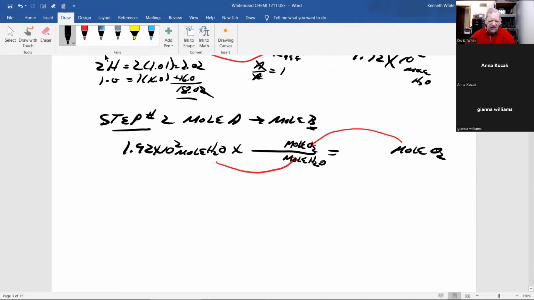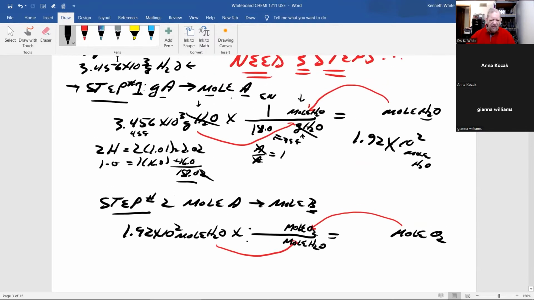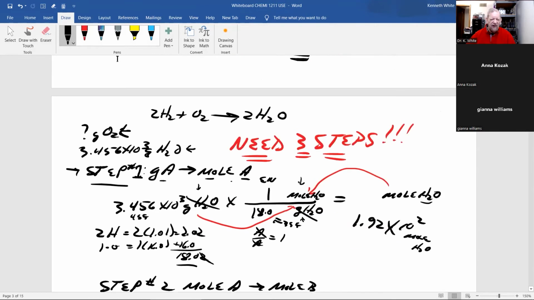And now I'll write it in. And where do we get these numbers? A relationship of moles of one compound to moles of another comes from the balanced chemical equation. And this tells me 1 mole of oxygen, actually 2 moles of hydrogen, but we're not using that in this problem, makes 2 moles of water. 1 mole of oxygen makes 2 moles of water.